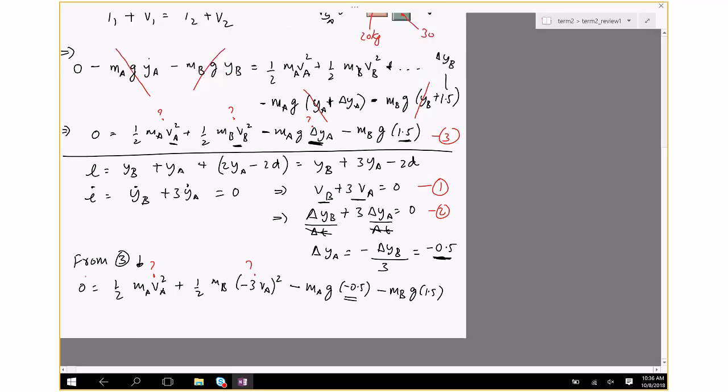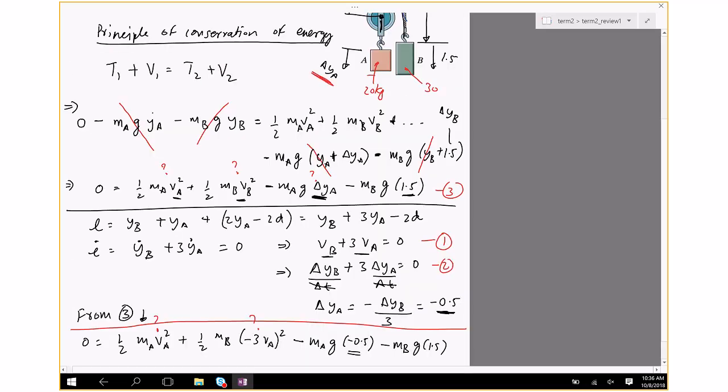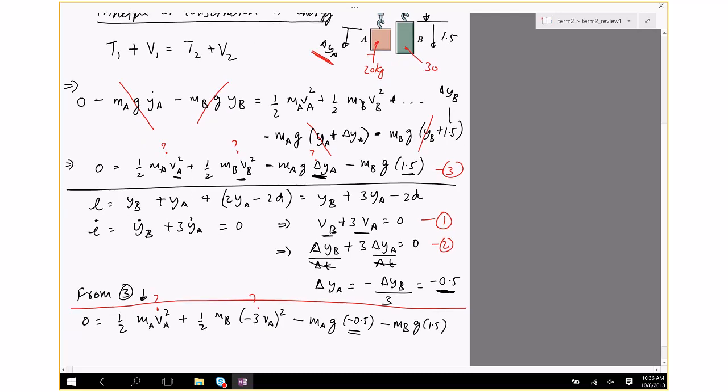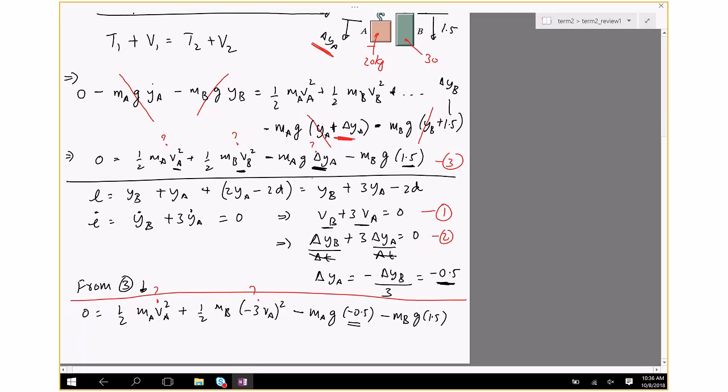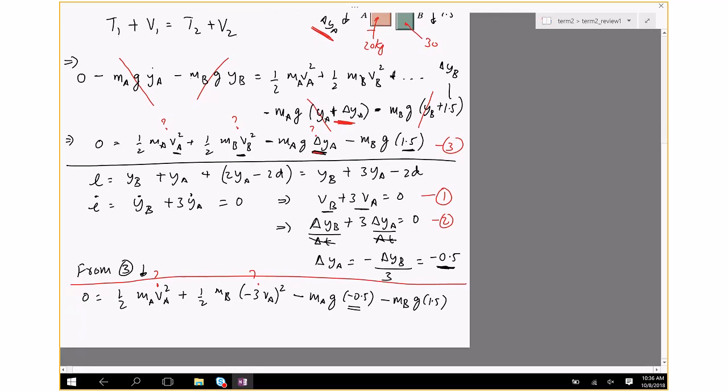And this will actually be better. So the way we do problems, and I sort of violated that, is always start assuming positive for whatever variables are, and then do the math, and the math will tell you if your direction was right or wrong. So in a similar vein, I start off with delta y, a positive downwards. I'm not assuming anything. I put that in as it is. I get a negative sign, and then I figured out it's negative, so I put the value with the right sign, and now the math should work out.